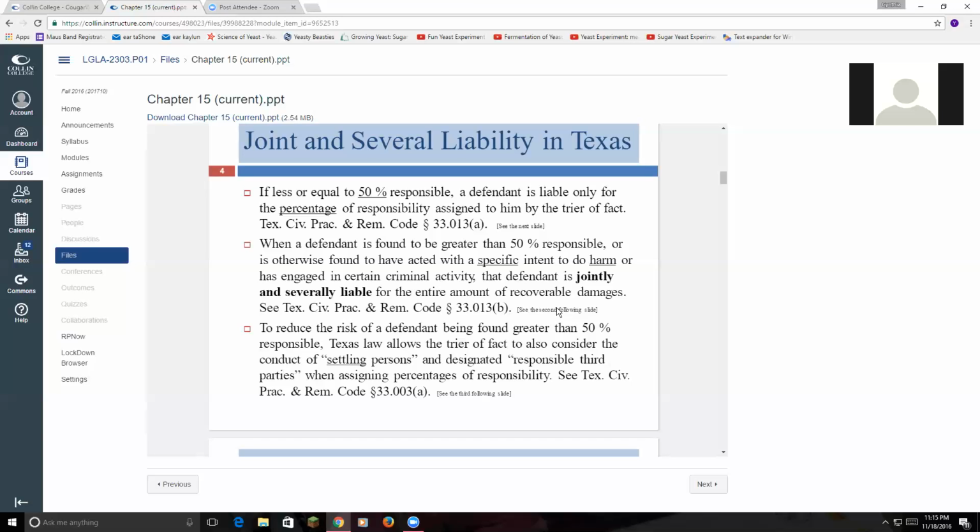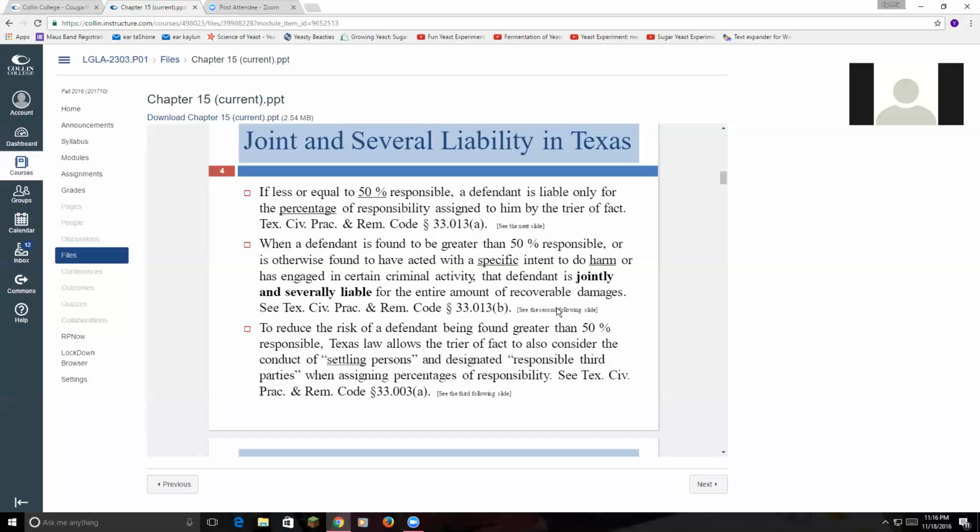Then the jury again returns these percentages, and it ends up that Anne is still judgment proof. Louise is able to collect the 20% from Bob, but when she goes to Anne and requests her 10%, Anne says, "I don't have any money."